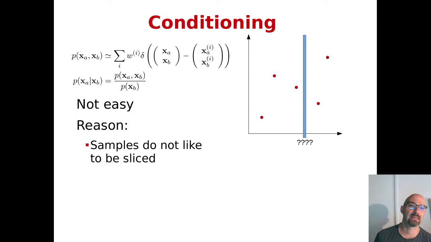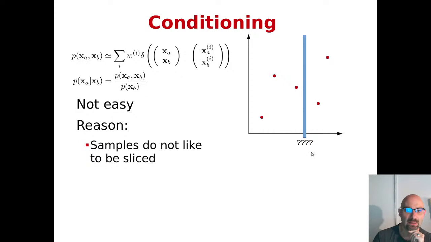Then there is the last action that we need to implement on this distribution, which is conditioning. Assuming that we have a joint distribution in this form, you see the contribution of xa and the contribution of xb that we could visualize as this set of weighted samples.